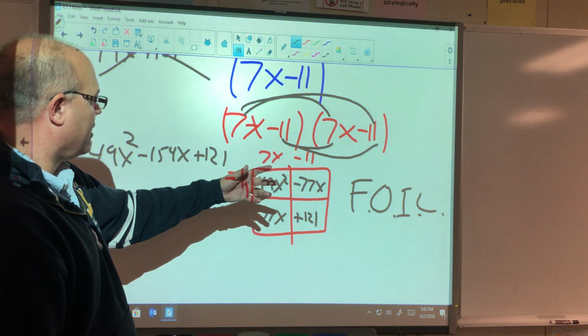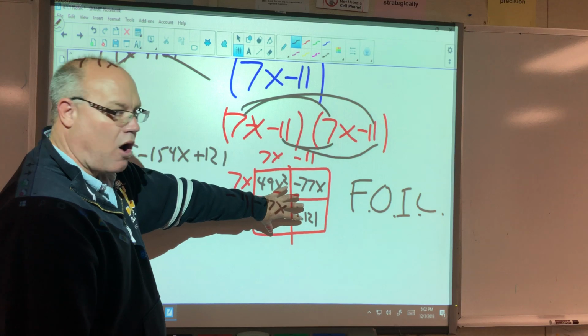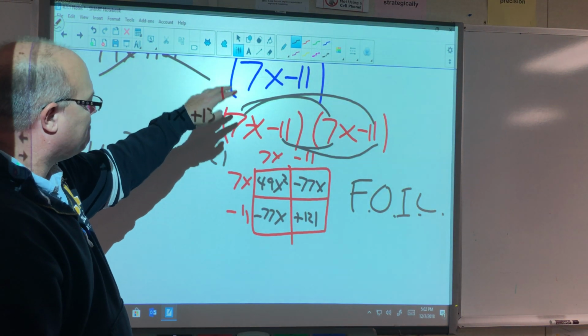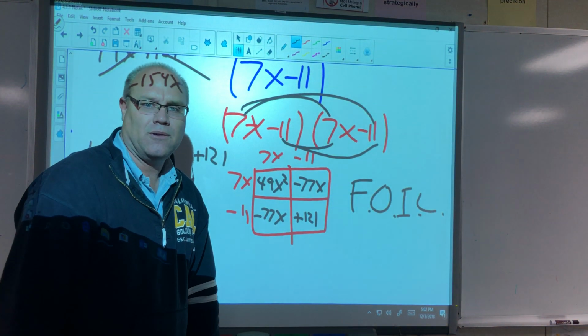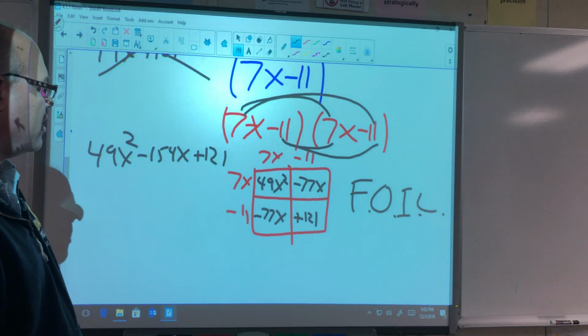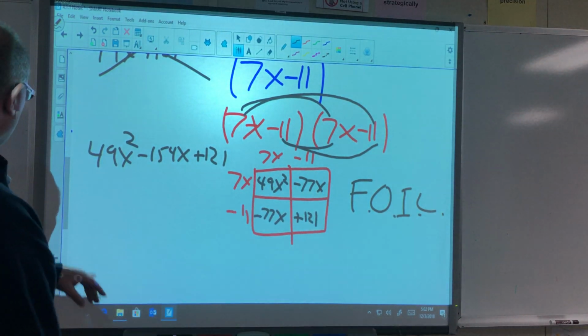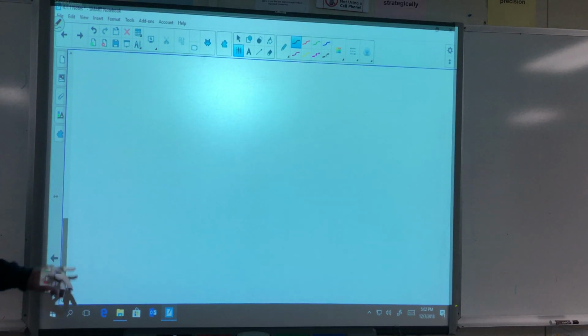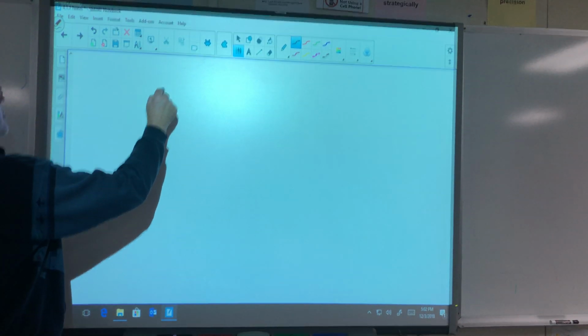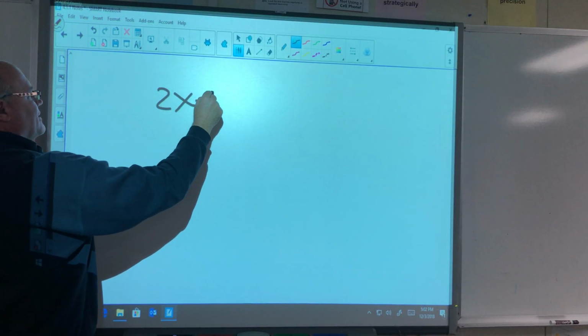But what I don't like about it, and why this method will always work, is what if I'm multiplying a binomial times a trinomial, or some other scenario? You can't use FOIL. So let's do our last example. Let's do a 2 by 3. Let's go binomial 2x minus 7.